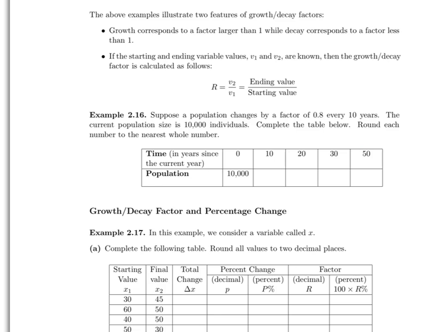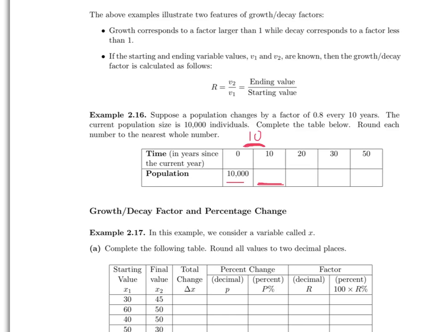The first thing we want to do is calculate the population 10 years out. Well, we're looking at this first time period from 0 to 10. This is a 10-year period. We're told that this population changes by a factor of 0.8 every 10 years.